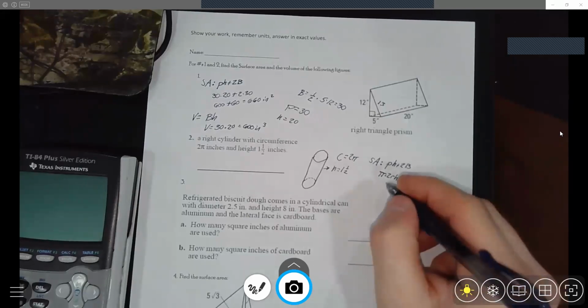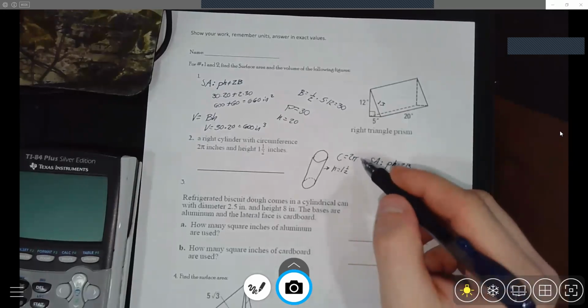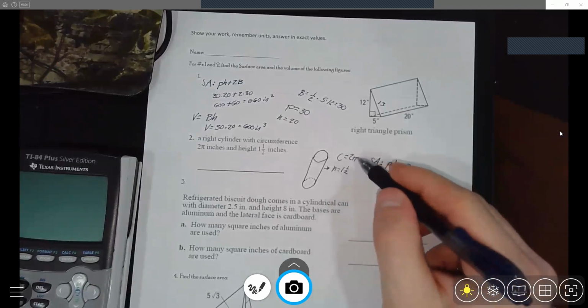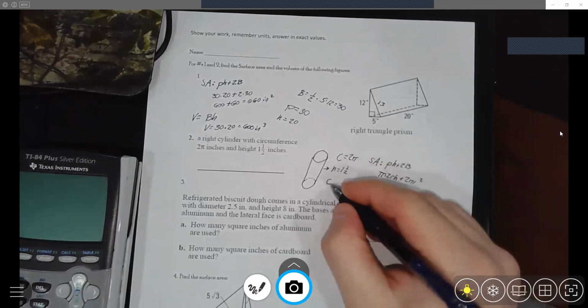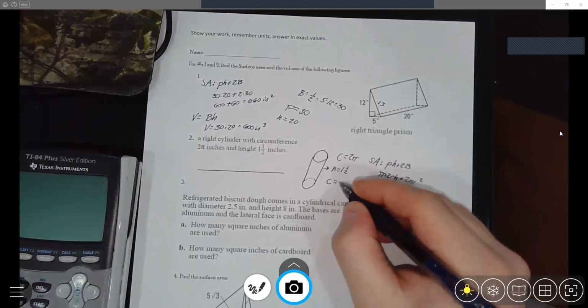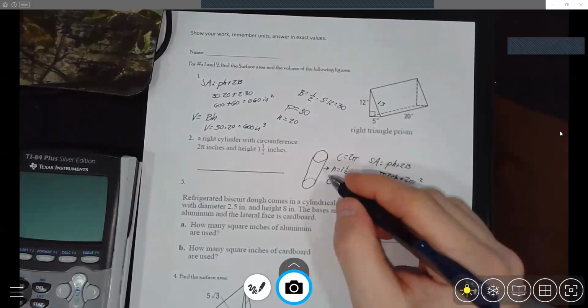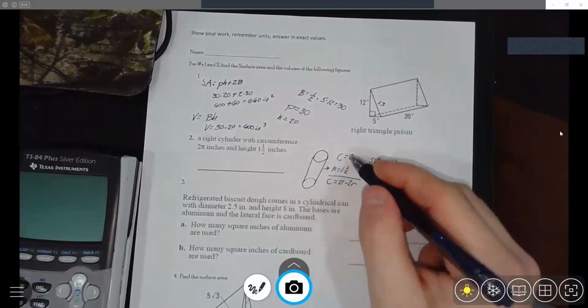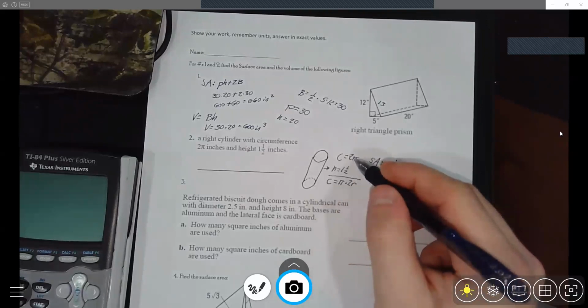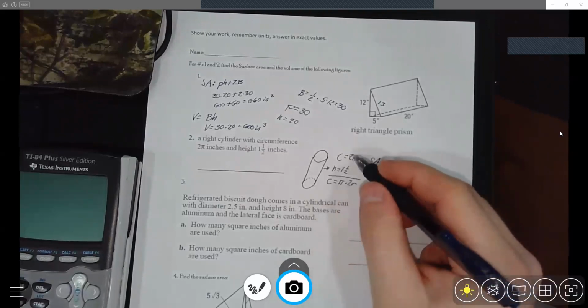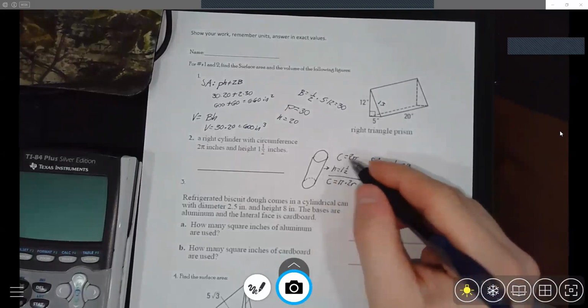So we need to know the radius. So we know circumference is 2 pi. We know that the circumference formula is equal to pi times 2r. So you compare these and you see, okay, we know the circumference is 2 pi.